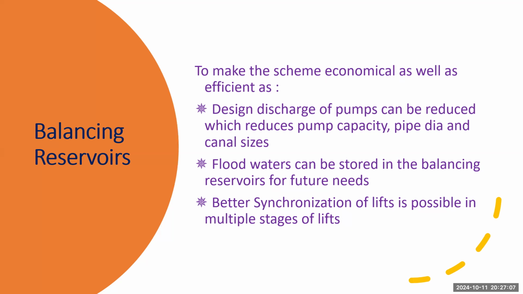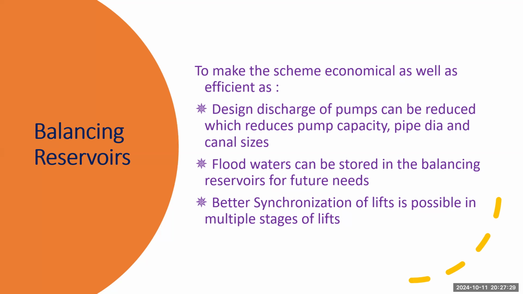Now see that the Tembu lift irrigation scheme has some balancing reservoirs. Water from Tembu village is lifted to one higher point, and through that delivery chamber, water is supplied to the first balancing reservoir. From that, the second stage starts.